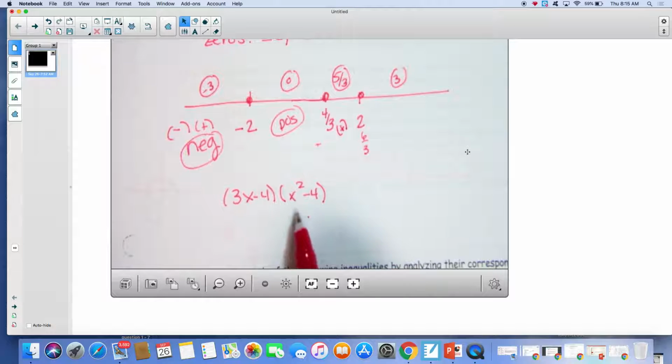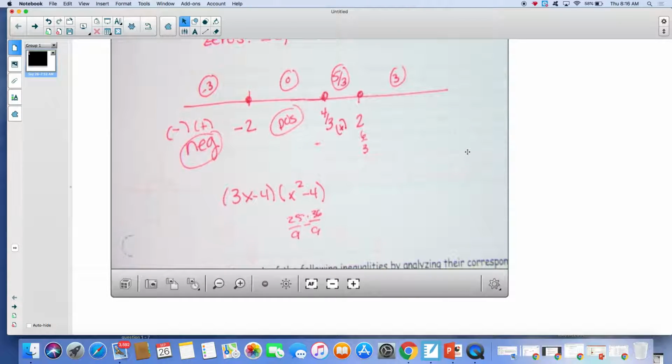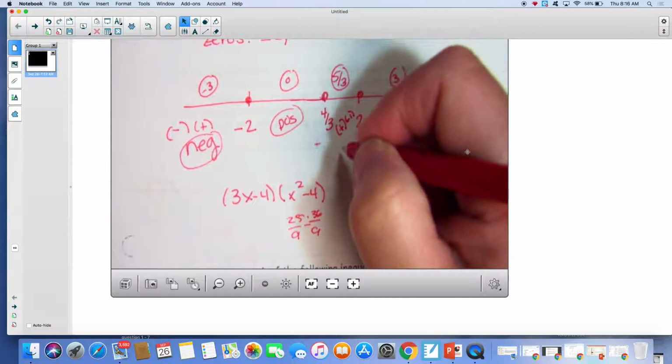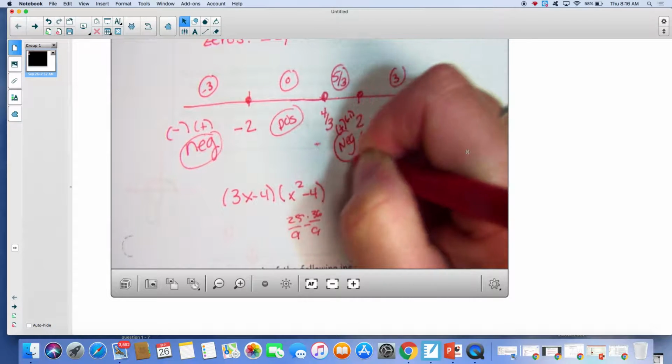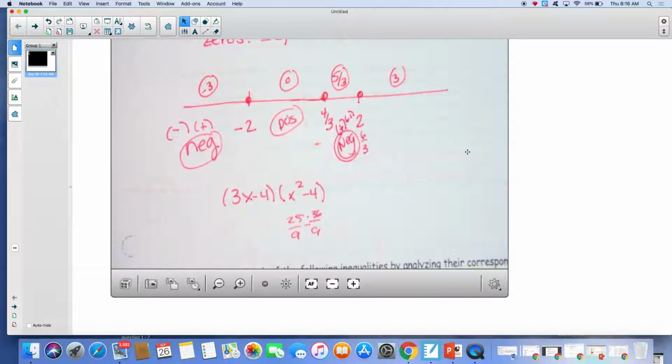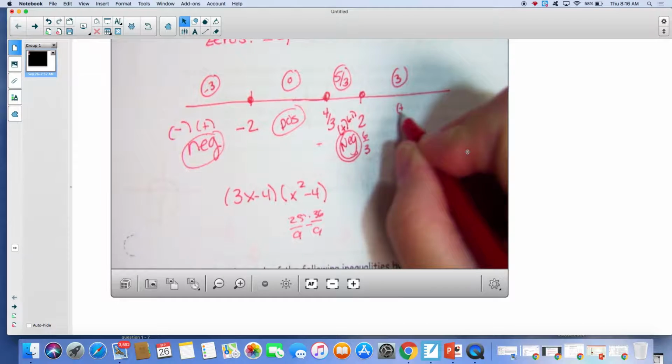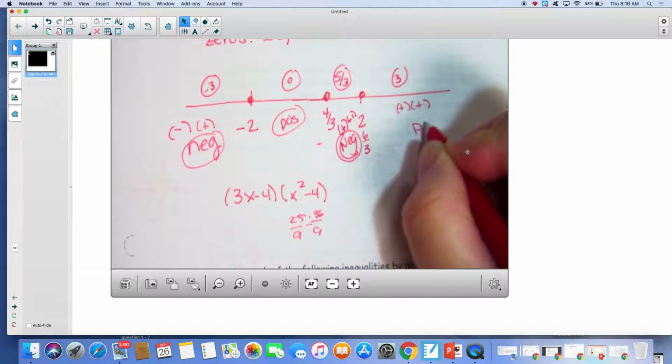And then 5/3 squared is what? 25/9, which is less than 4. So this is going to be a negative. So in between here, this is going to be negative. And then when I plug in 3, I'm going to get a positive and a positive. So this is positive.